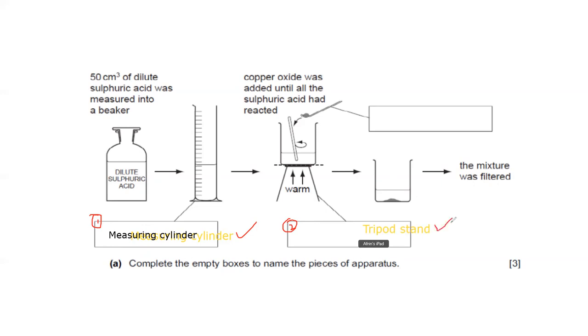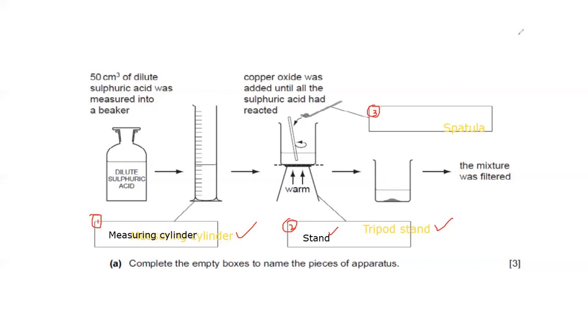A tripod stand or a stand. Stand is acceptable, but normally we use a tripod stand. So it's better to write the full name, tripod stand, but stand will also give you marks. What about box 3?